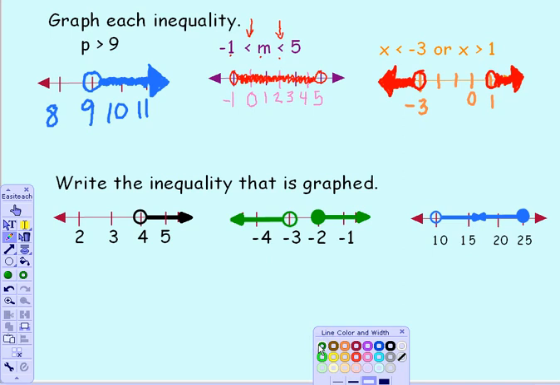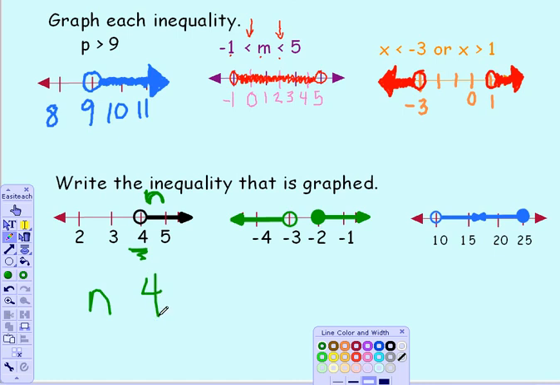So our inequality in this first example is we have our variable, and you can pick whatever letter you want. Maybe we want to use N for all of these. So in our first example here, we have the number 4 on the graph. So we've got n and 4. And now we need to know what symbol goes in between those.